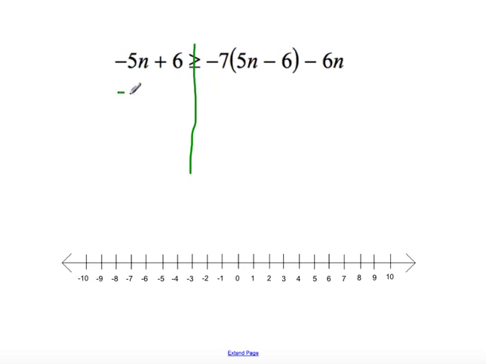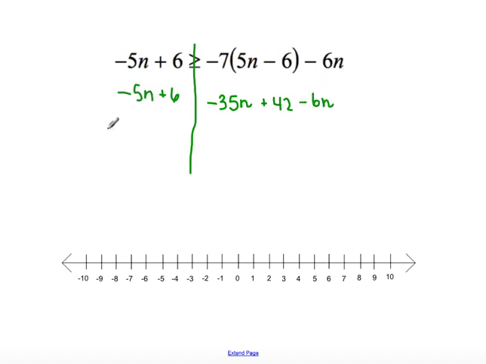So we're going to leave this as negative 5n plus 6. And we have negative 35n. And then negative 7 times negative 6 is plus 42 minus 6n.